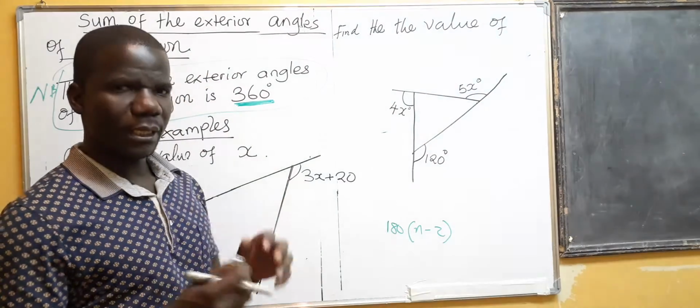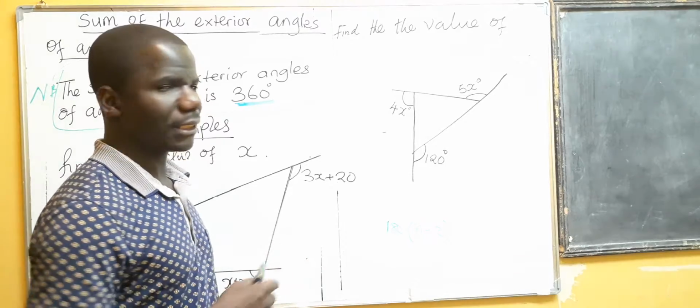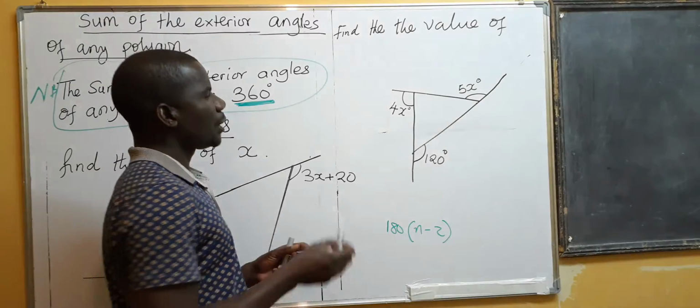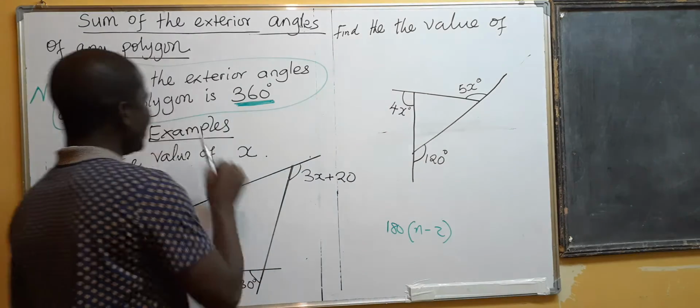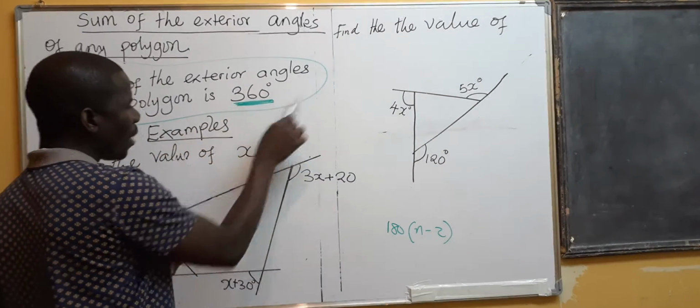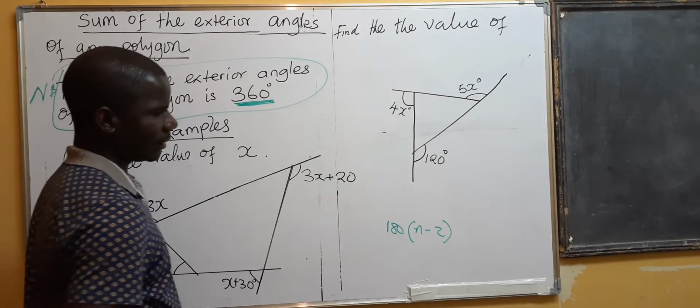As we go on, we may have the chance to develop the concepts and how they are derived. So what is it that we are supposed to know? The sum of the exterior angles is 360.